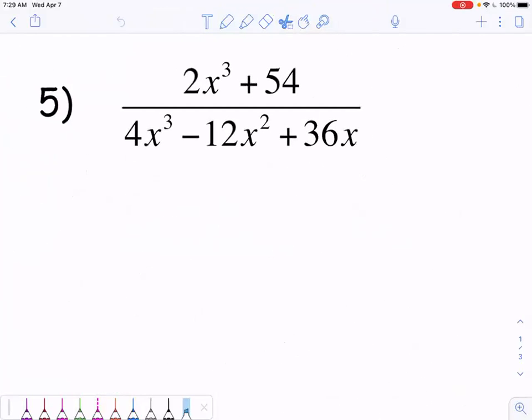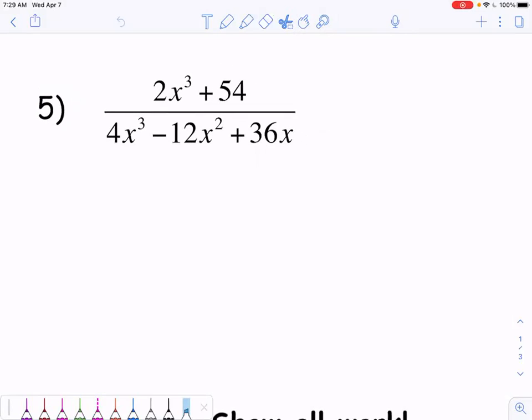And if you look at number 5, the numerator first, looking at that 2x cubed plus 54, there's a GCF. So we need to take out a GCF from the numerator. And that GCF we can pull out is a 2.